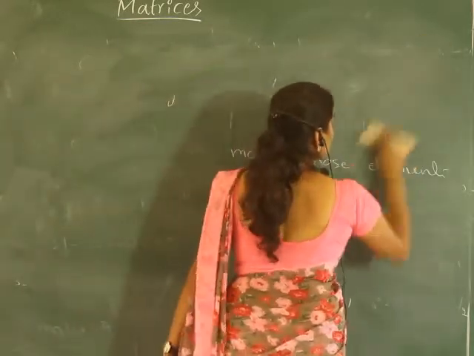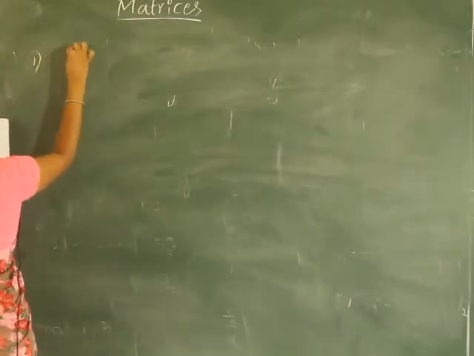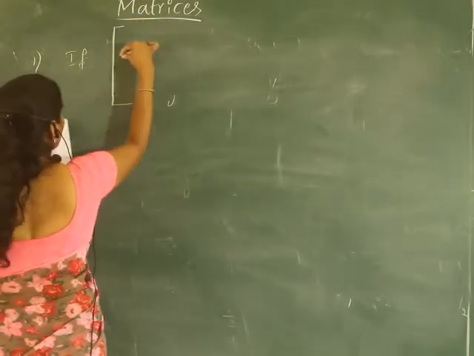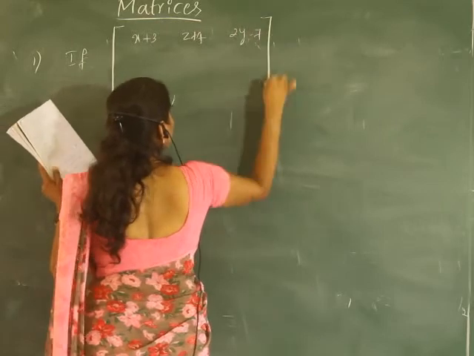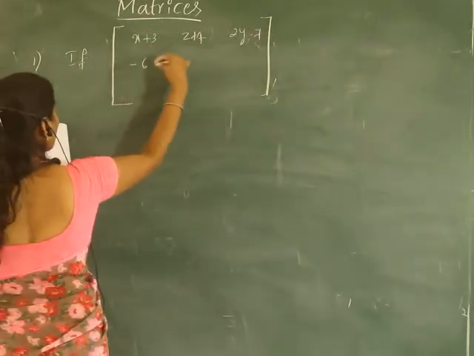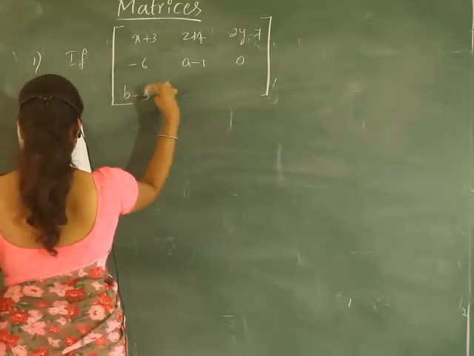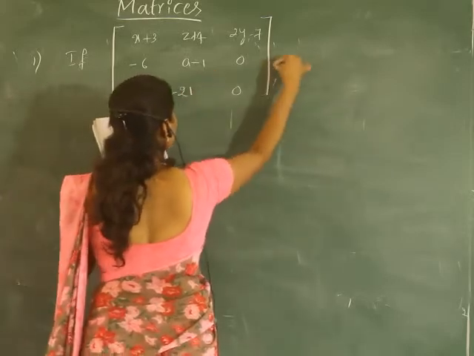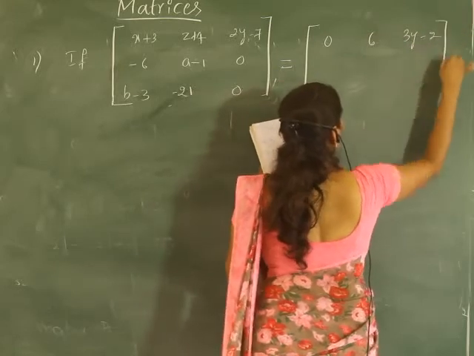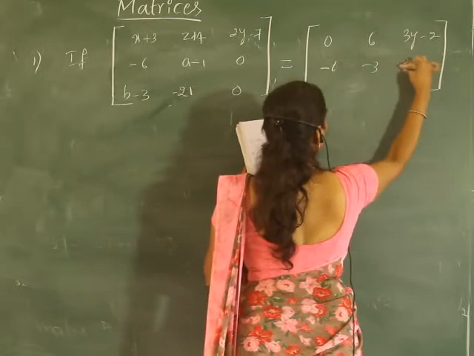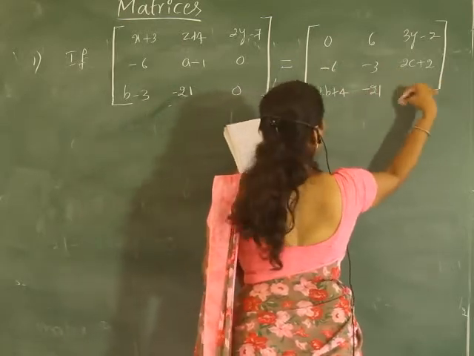Next we'll solve some other kind of problems. So next is: if the matrix x plus 3, z plus 4, 2y minus 7; minus 6, a minus 1, 0; b minus 3, minus 21, 0, is equal to 0, 6, 3y minus 2; minus 6, minus 3, 2c plus 2; 2b plus 4, minus 21 and 0.